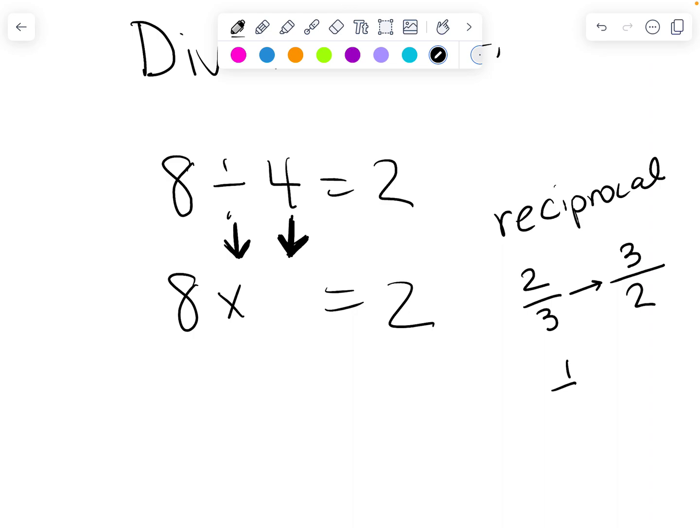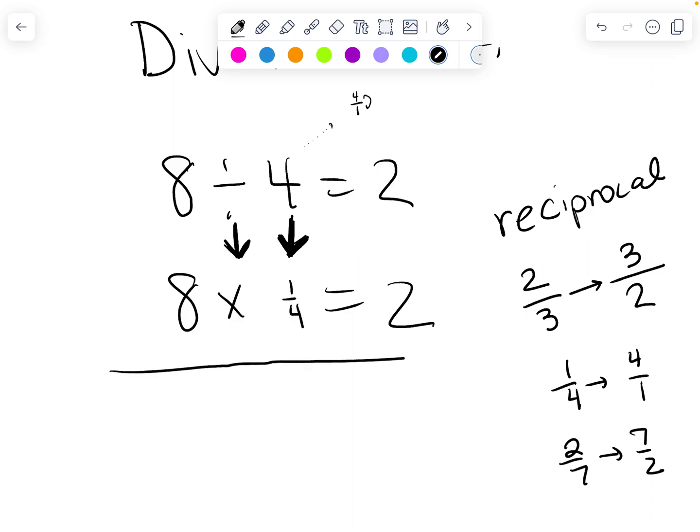So 1/4 becomes 4/1, 2/7 becomes 7/2. That's the reciprocal. So if you think about the number 4, the number 4 is really 4/1. We never write the 1 there because 4 divided by 1 is 4, so it's just easier to write 4. But if you think about flipping it over, it's 1/4.